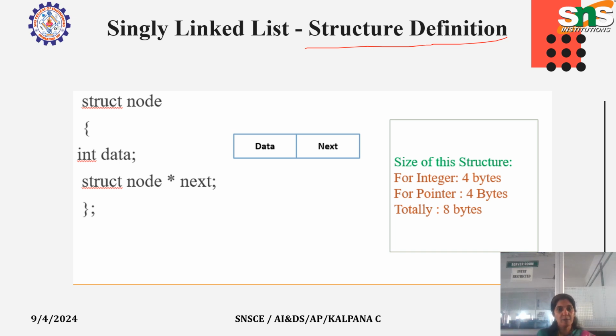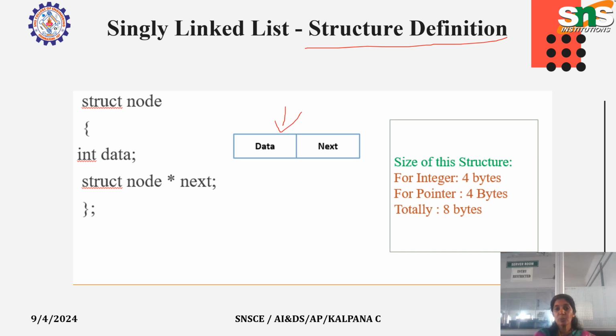In the same way, if you are going to create a node, we must follow some steps in C language, which means I'm going to allocate some memory for the node in the computer memory. So I have to follow some structure definition.